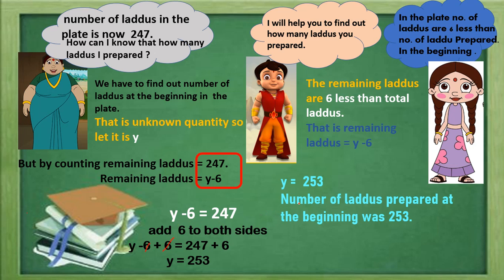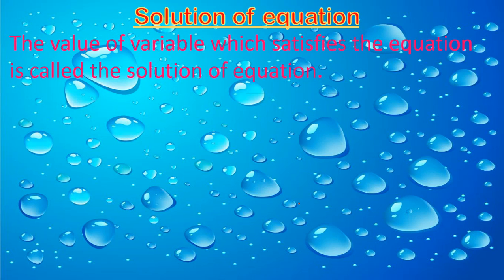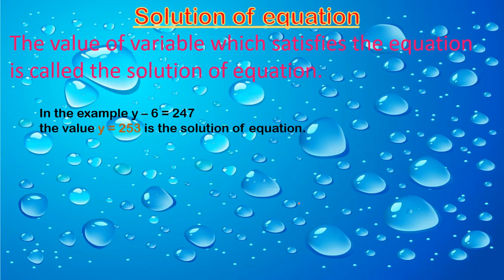So in this way we can solve equations. So let us revise. The value of the variable which satisfies the equation is the solution of the equation. Here in the example, y minus 6 is equal to 247 is the equation, and the value y is equal to 253 is the solution of the equation. Why do we call this the solution?